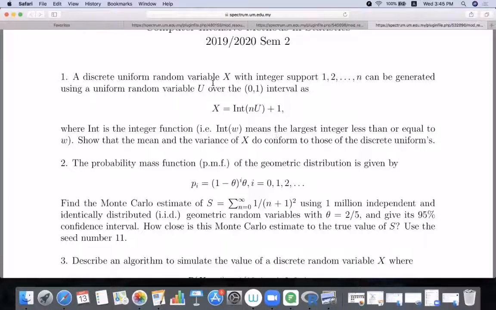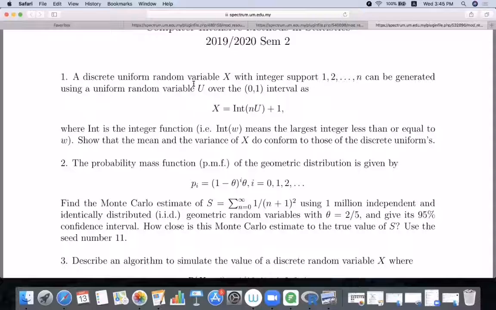All right, so tutorial 3. This is your algorithm for generating the discrete uniform, right? Take the integer part of NU, where your U is a uniform random variable.